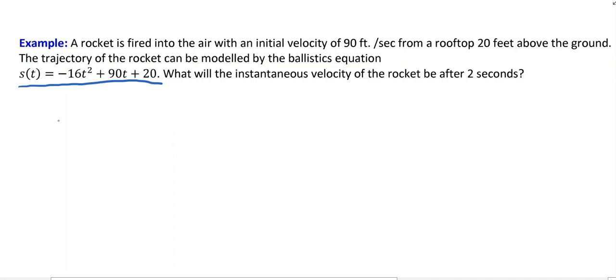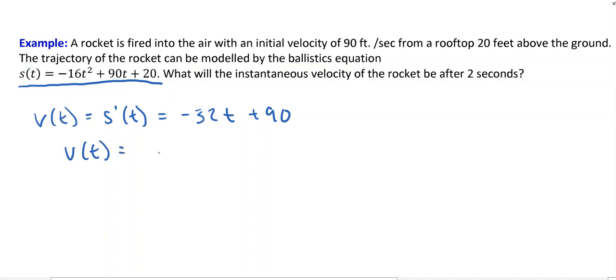And the velocity function is the derivative of the position function. So the instantaneous velocity means we have to find the derivative of the position function. So 2 times negative 16 would be negative 32t plus 90. That is my velocity function.